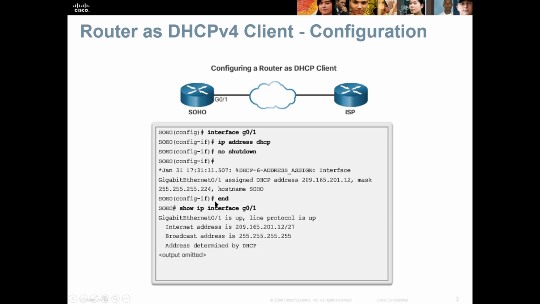Okay, now if you bail out at that point and go all the way back to privileged exec, not config, but just privileged exec, use the show IP command for that interface, and you will see exactly that. Here's what it did. It configured that address. Notice the mask is size 27, right? So there's still 5 bits left. So what is 5 bits? There's 32 addresses laying around out there.